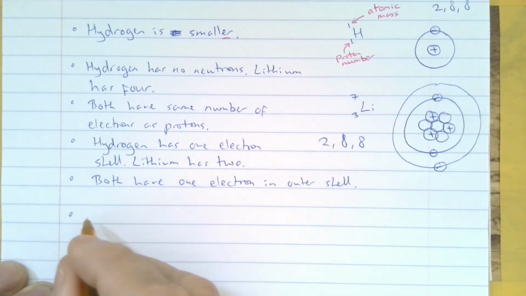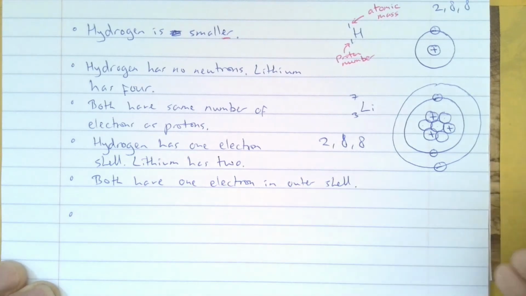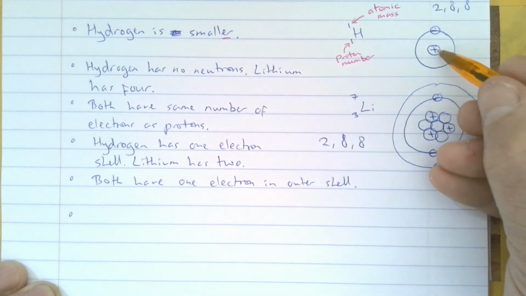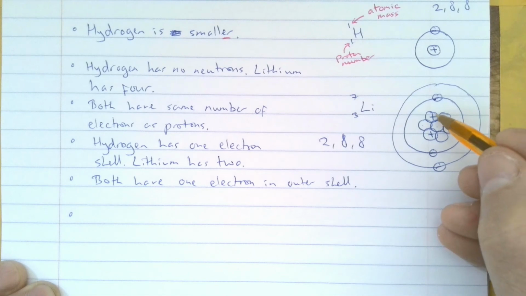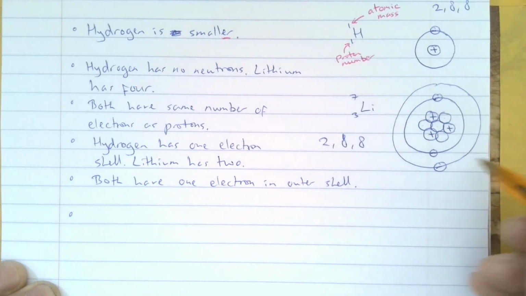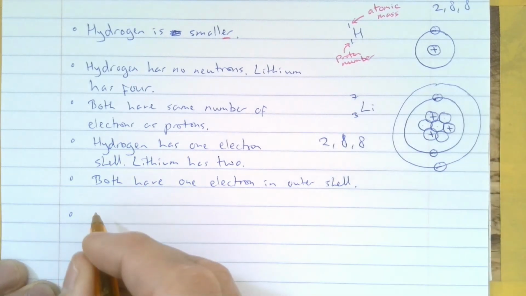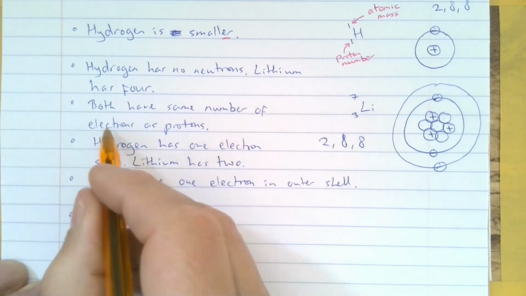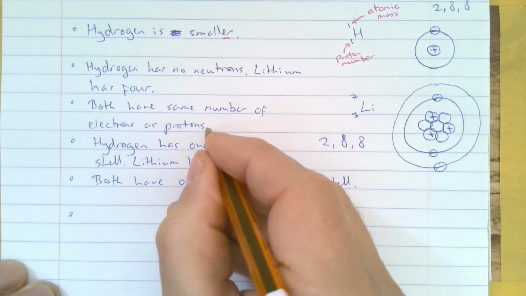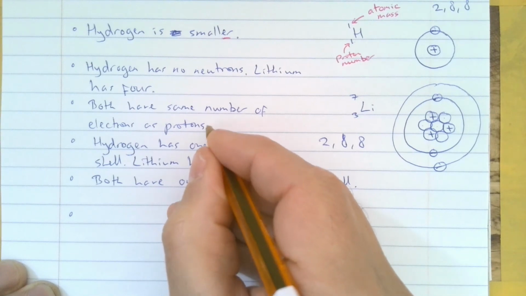And the last one, we're after one last thing now. What else do we know? Well, this one's got one proton and one electron, and this one has 3 protons and 3 electrons as well. Both have the same number of electrons and protons in their atom. Do you know what? That's an ambiguous sentence. I don't like that.